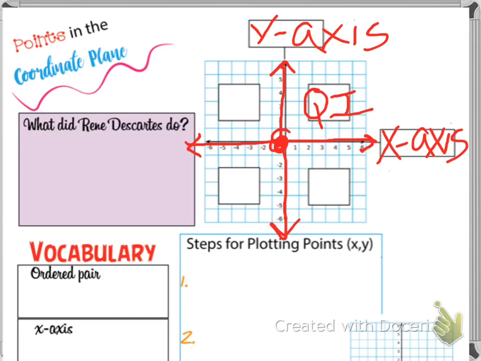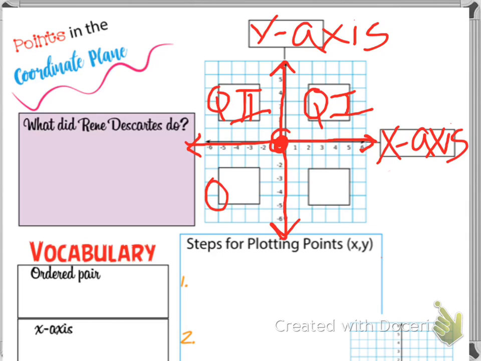And then we go counterclockwise. So the next quadrant is right here, and this is quadrant 2. And the x coordinates here are going to be negative numbers, and your y coordinates are going to be positive.